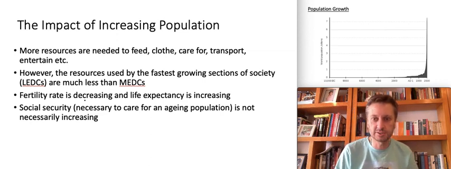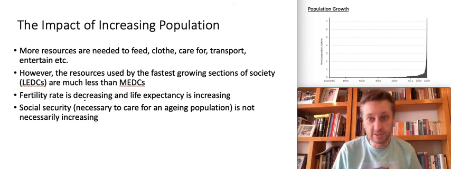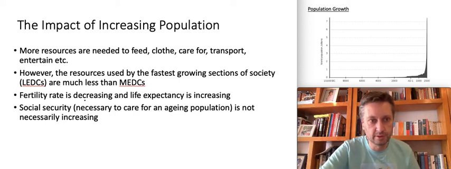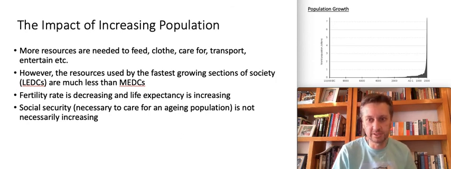South Africa has currently, I've read, a HIV positive rate of 20% of the country, which is about 8 million people. So it can be expected to have a huge effect. And finally, one final consideration, globally, Social Security is not necessarily increasing in order to cope with this huge increase in population.